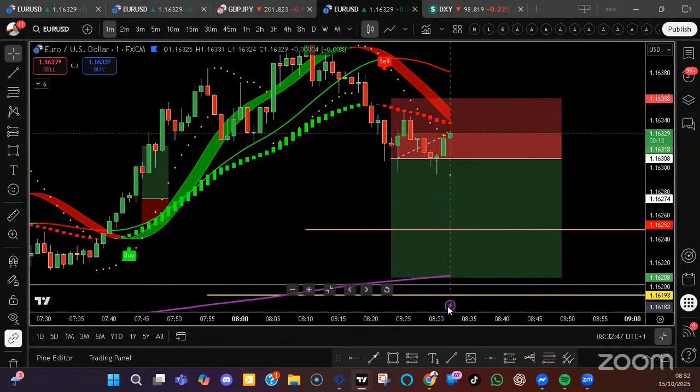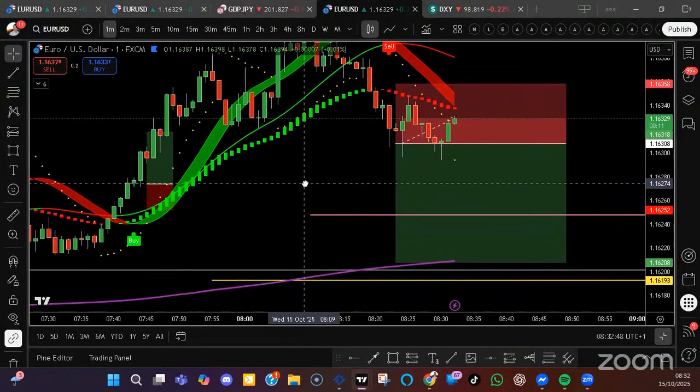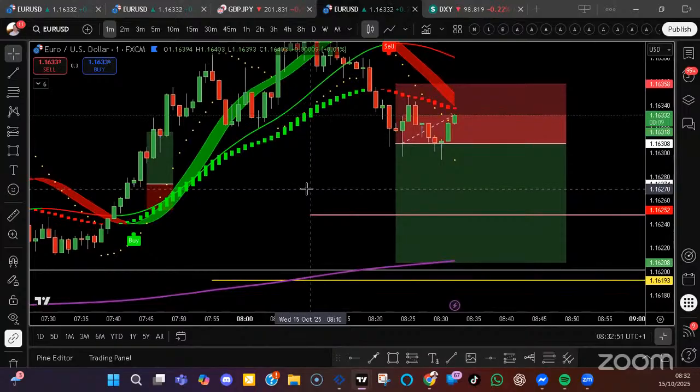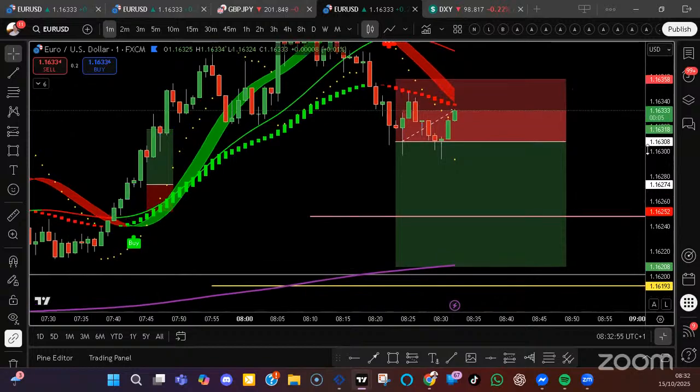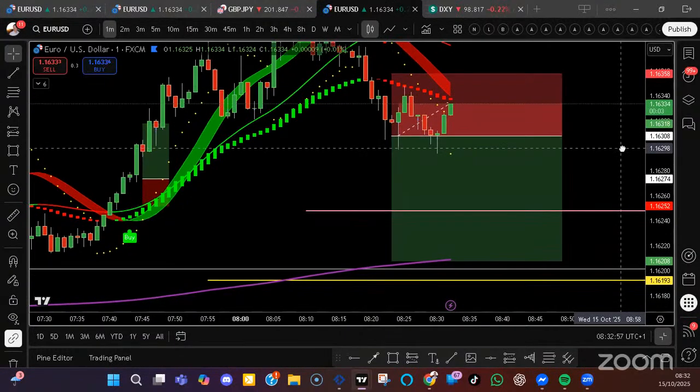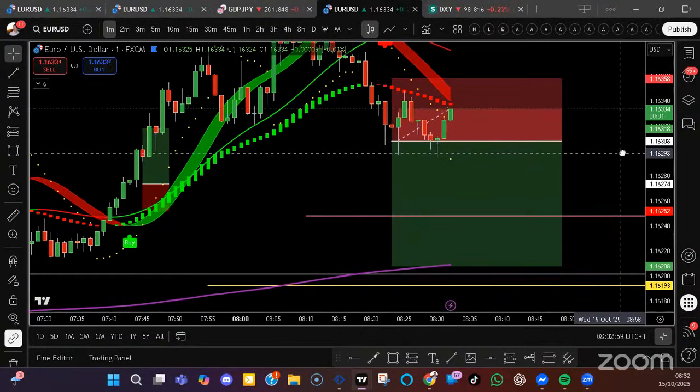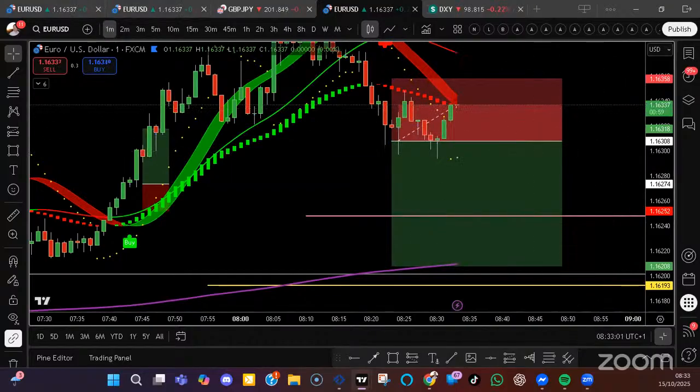It all depends what they think the euro's going to be doing, and also we've got a red flag speech at 20 to 9 this morning from the European market. And what usually happens with speeches is things don't happen right away.